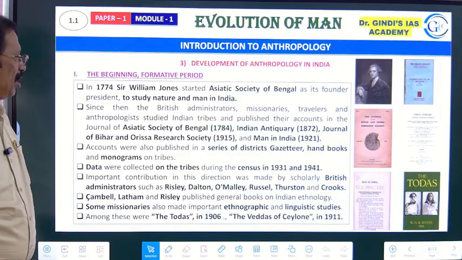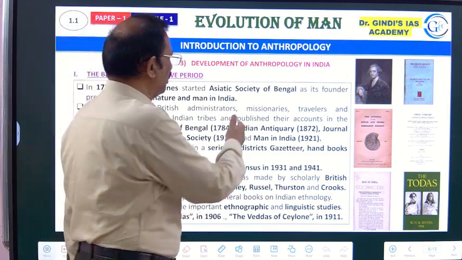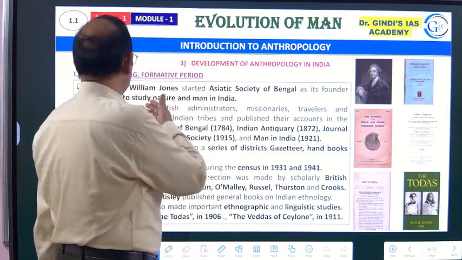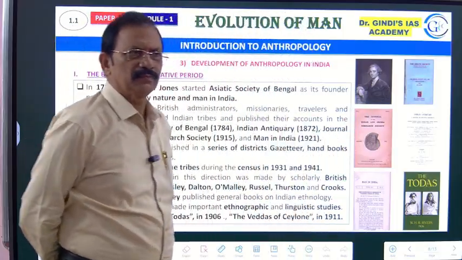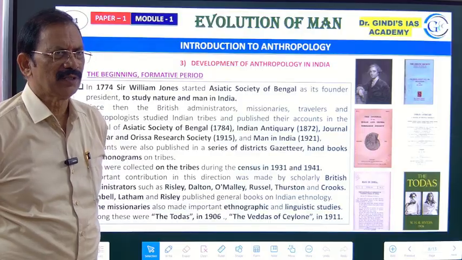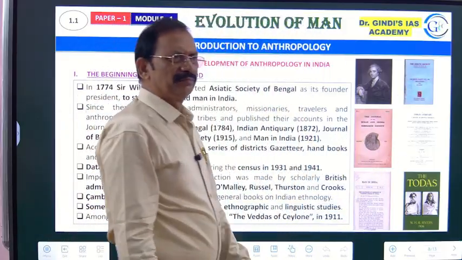We are discussing the beginning of the formative period. In 1774, Sir William Jones started the Asiatic Society of Bengal and became its president. Here you can see William Jones, and this was the Asiatic Society.